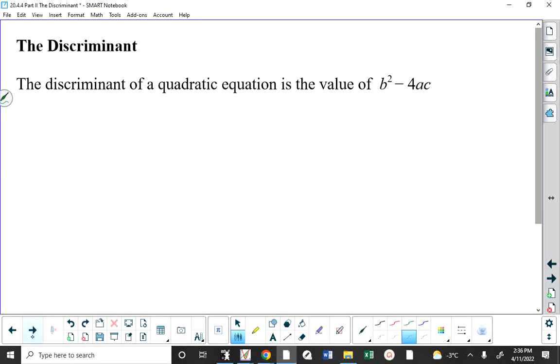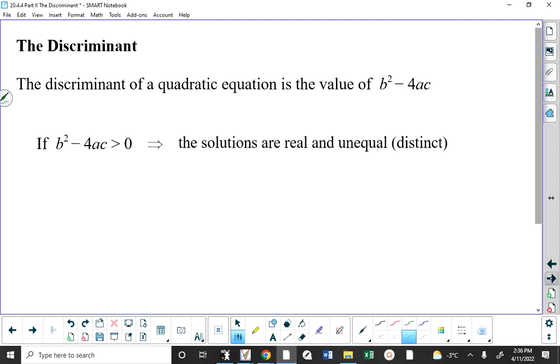So, this is the discriminant. The discriminant of a quadratic equation is the value of b squared minus 4ac. If that thing is greater than 0, now we got to go through this language. I wish we didn't have to, but we do.